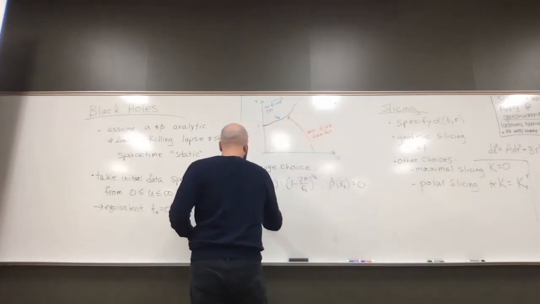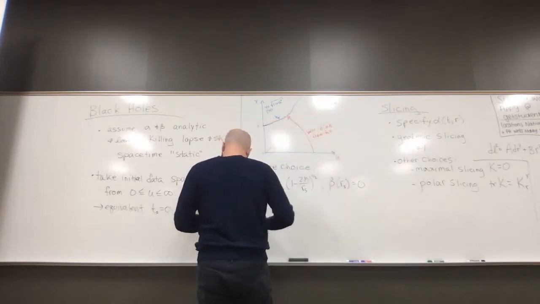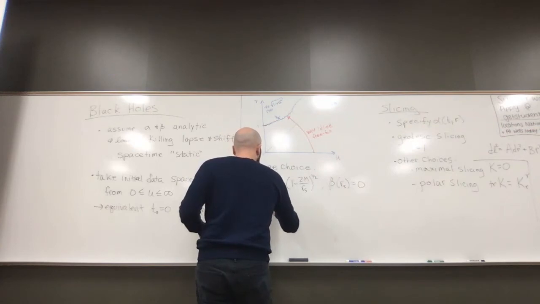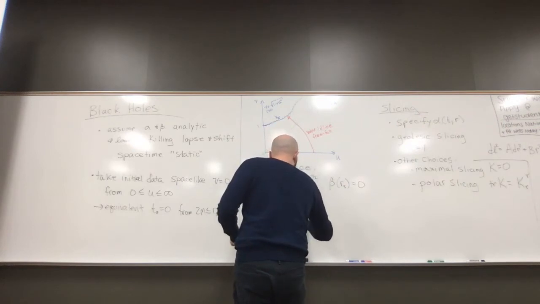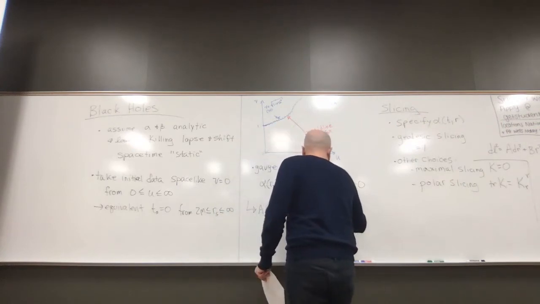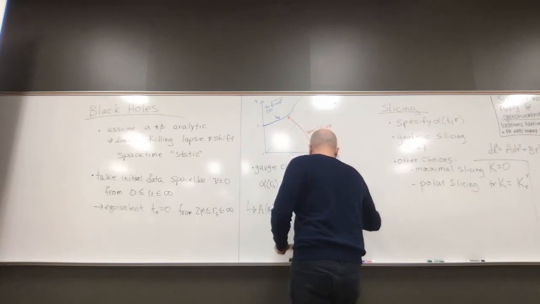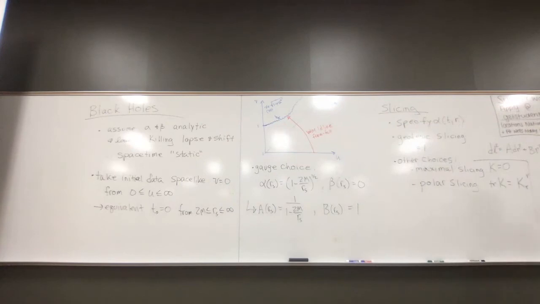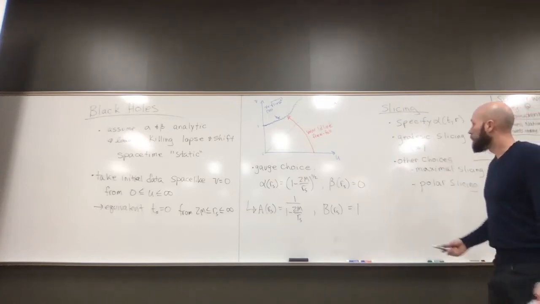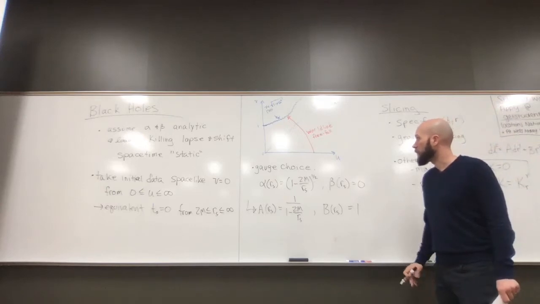So plugging this into our line element, we get capital A as a function of the Schwarzschild radius is 1 over (1 minus 2m over the Schwarzschild radius), and B as a function of the Schwarzschild radius is equal to 1. And so that's similar to our radial gauge, right?